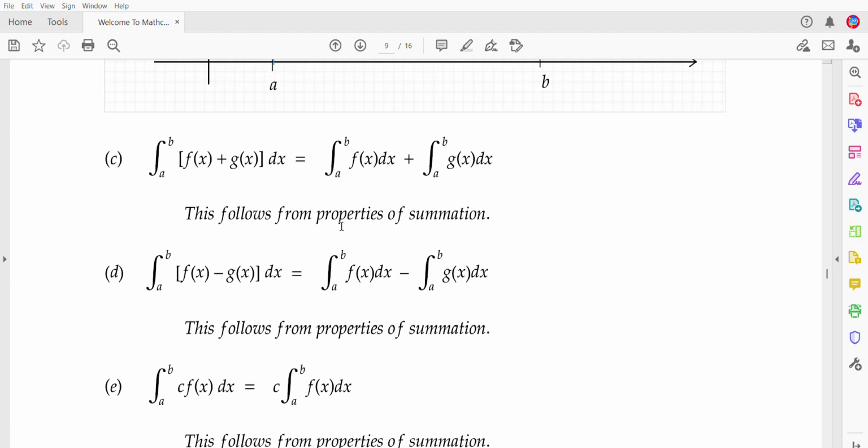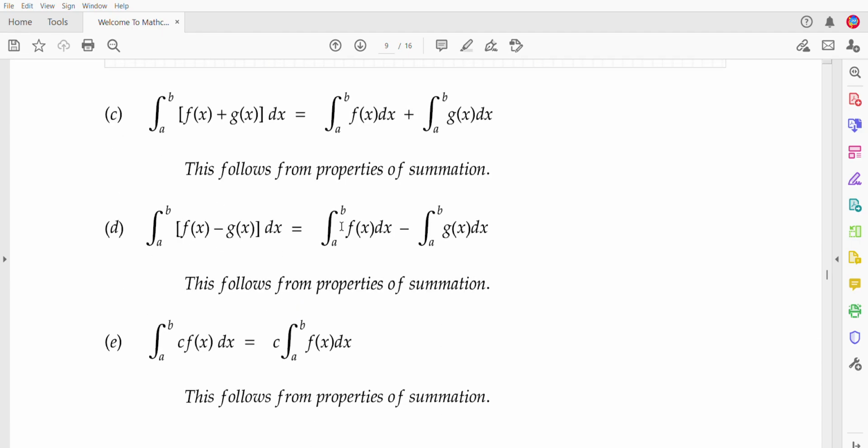What about definite integral a to b of a sum of functions? Definite integral of a sum of functions is the sum of definite integrals. Why does this happen? Remember, definite integral is a limit of summations. If you recall, summation splits over addition. Therefore, definite integral splits over addition.